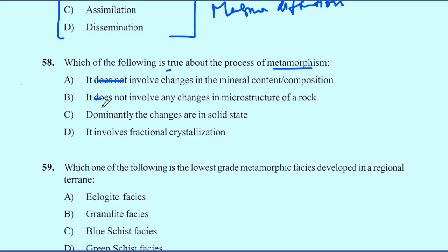No, it involves it. The next option is, dominantly the changes are in solid state. Yes, mostly. And this is again fractional crystallization, a magma differentiation process. So the right option is this one.